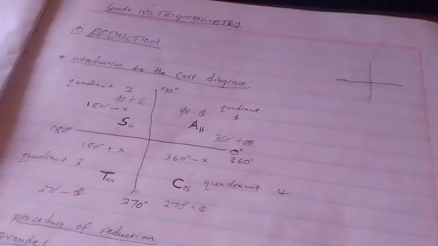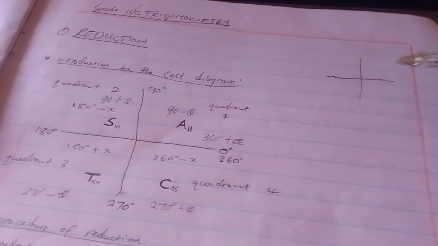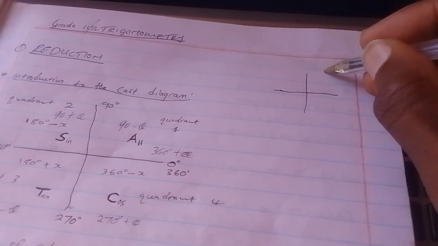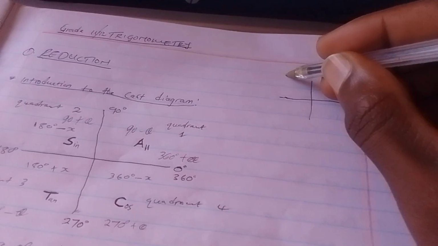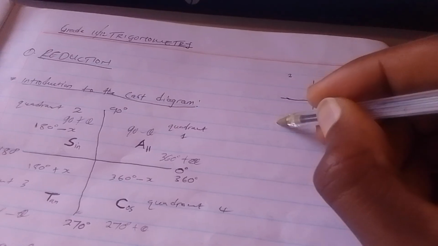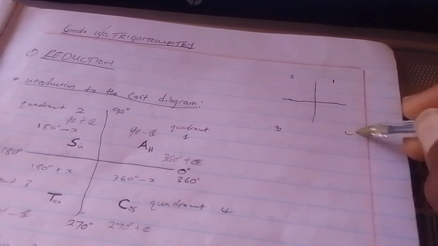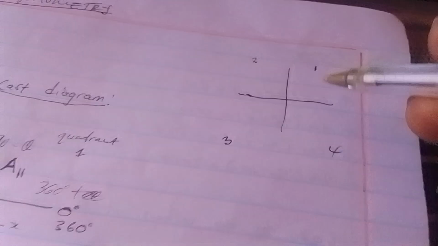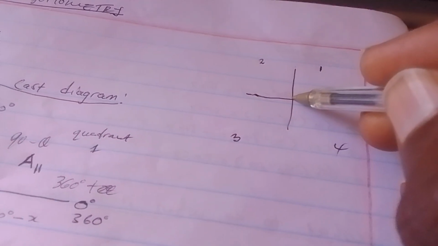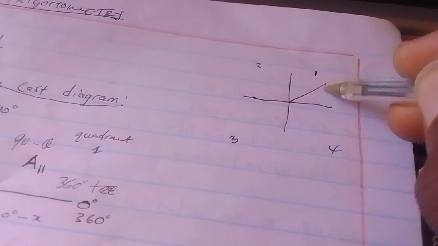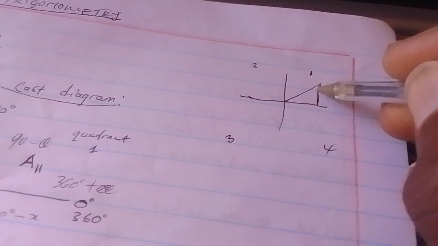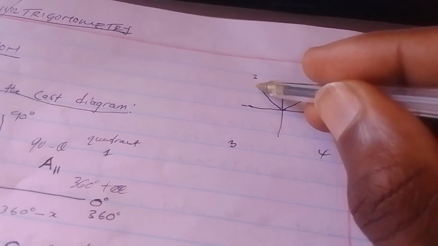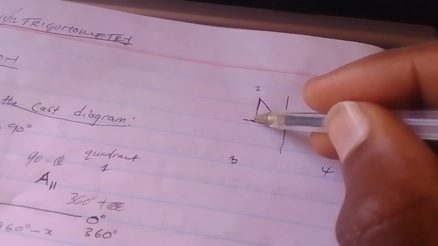So let's start drawing our triangles on our Cartesian plane. Here's our first quadrant, this is our second quadrant, this is our third quadrant, and this is our fourth quadrant. On our first quadrant, our triangle will be like this. On our second quadrant, like this.